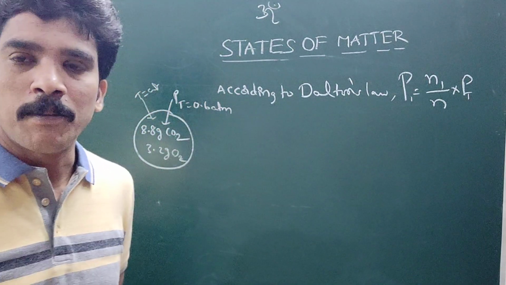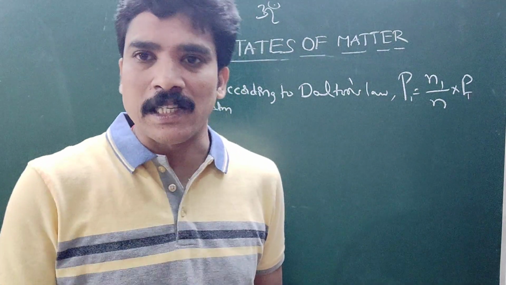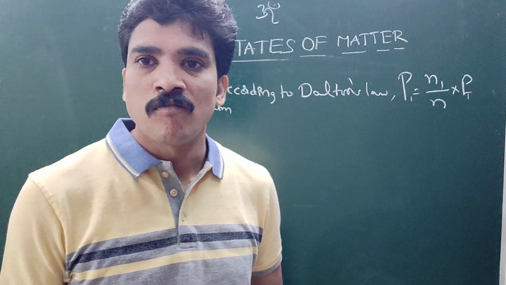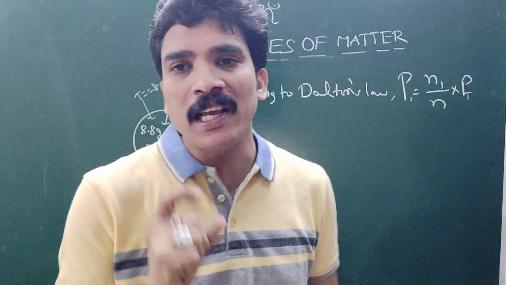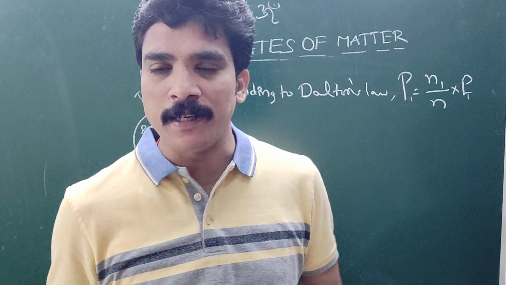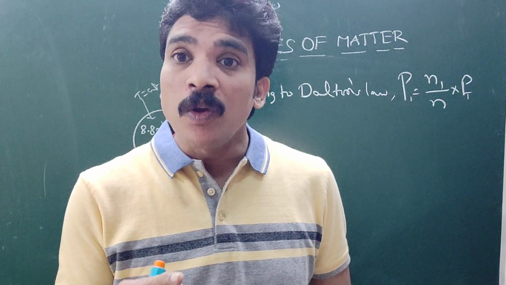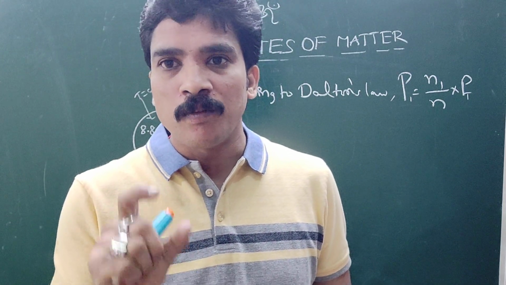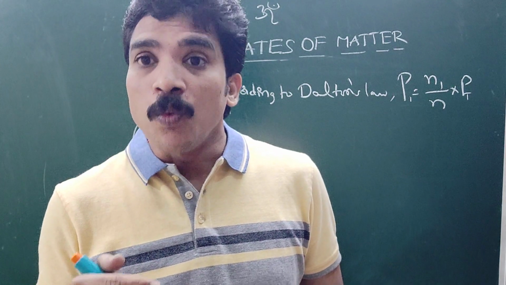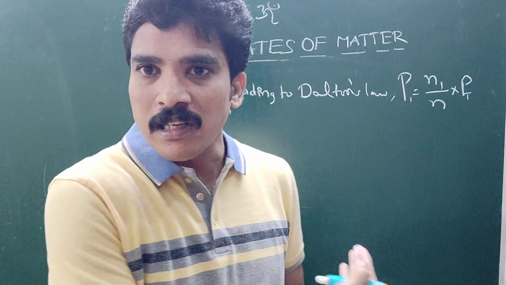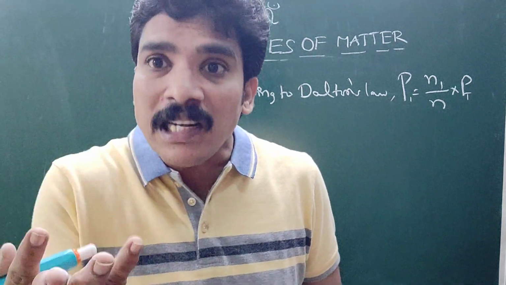The first problem, related to the ideal gas equation, is completed. The second concept we discussed is related to Graham's law. The next concept we are discussing is related to Dalton's law.